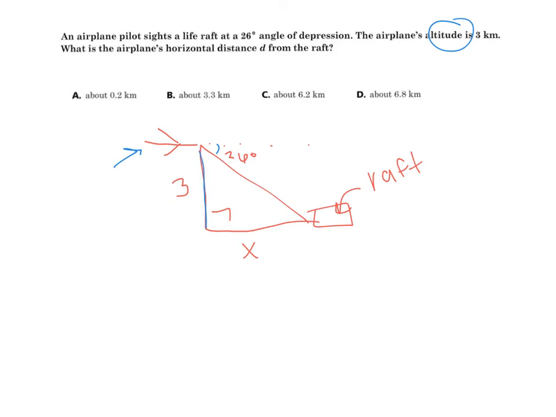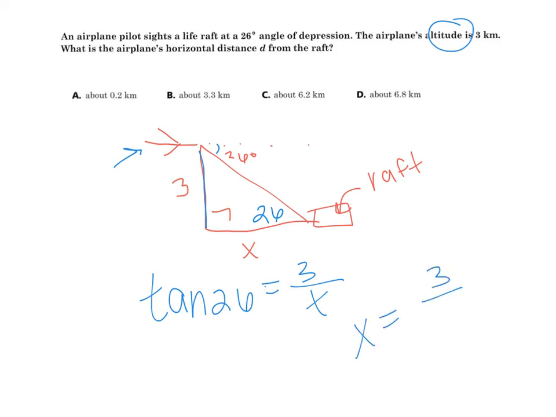And it wants to know the airplane's horizontal distance from the raft. So in this case, we're going to put angle 26 here. This is going to be a tangent function. So tangent of 26 equals 3 over x. So when we do our algebra, x is equal to 3 over tangent 26, which becomes about 6.2 kilometers.